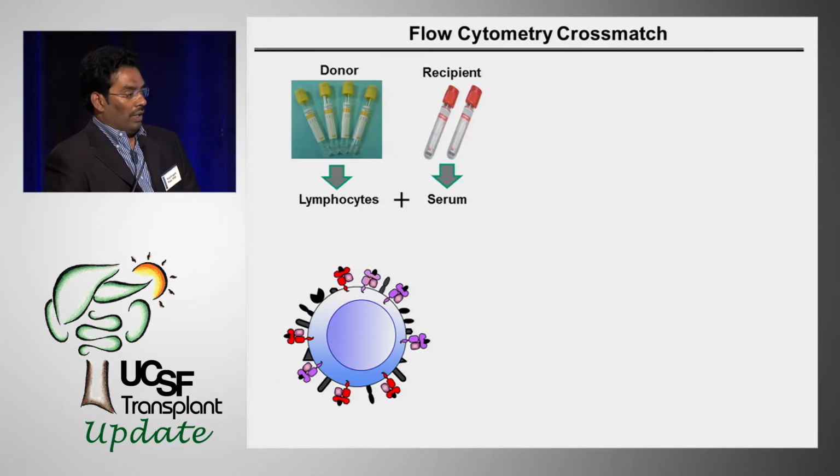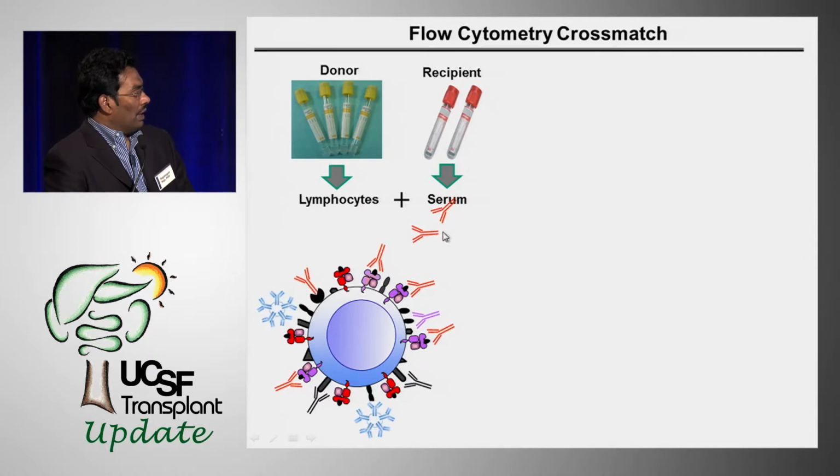So then people developed the flow cytometry cross-match, which is 30% more sensitive than the classical CDC cross-match. It's the same technique: you have the donor cells, then you add the serum and mix. If the serum has HLA antibodies that bind to the donor-specific cells, then instead of complement, you add a secondary antibody specific to HLA, the IgG antibodies.